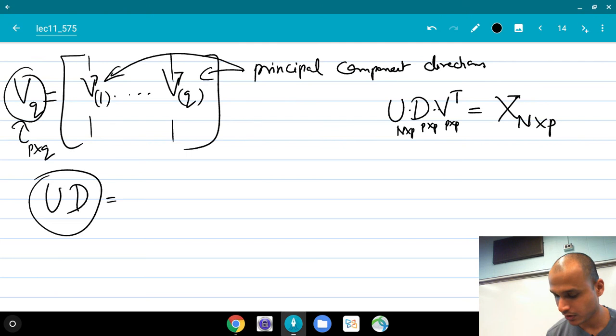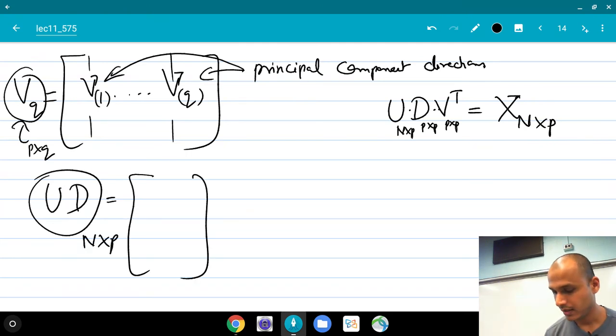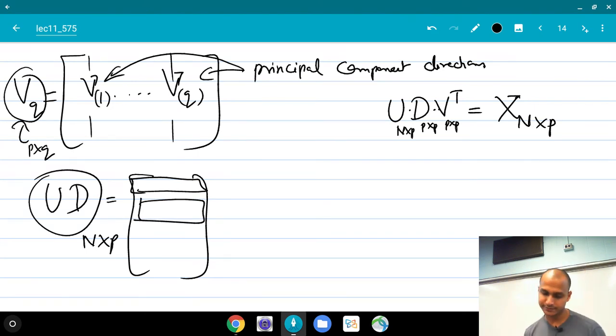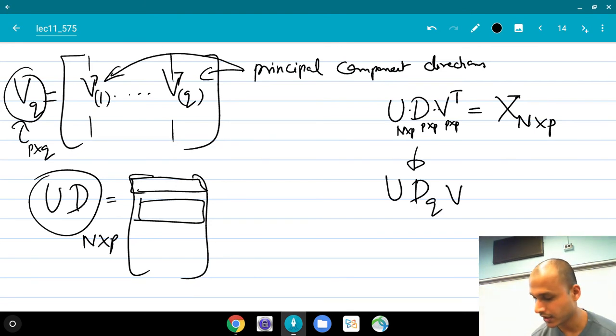U times D is an n cross P matrix. There are going to be n rows of p dimension. Actually, let me write it as U, DQ, and VQ transpose. Remember I told you I can drop the columns of V, or essentially rows of V transpose.